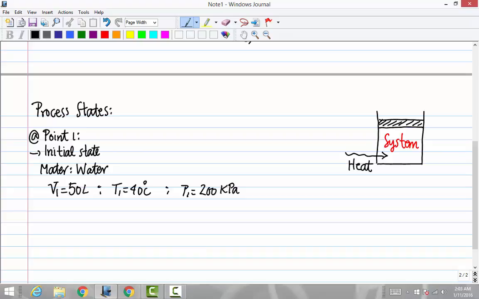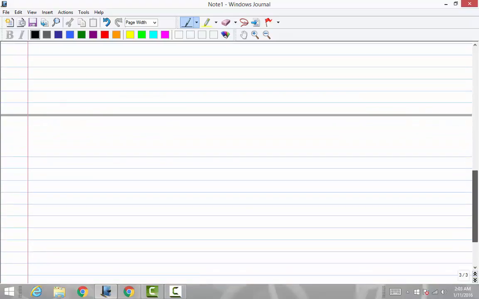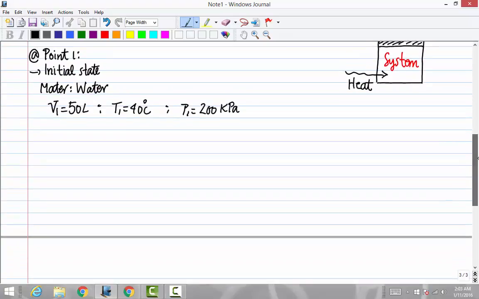Great. These steps are just a summary over the whole example. So now I need to know what's known according to the question. At point 2, which is the final state, writing this summary helps make everything clear for yourself: what you know, what you don't know, and what you need to know. And then it leads you through the solution.